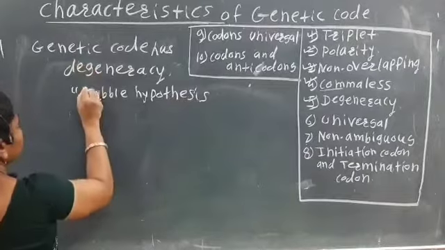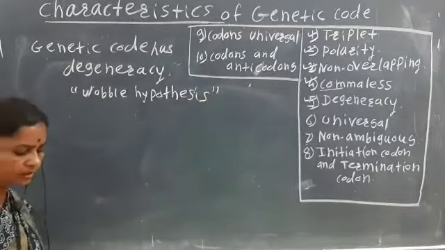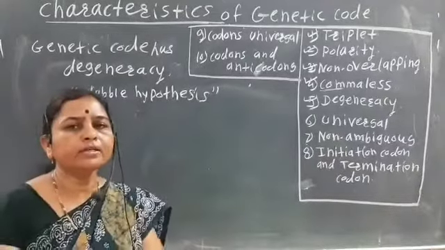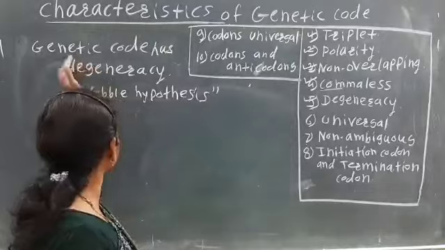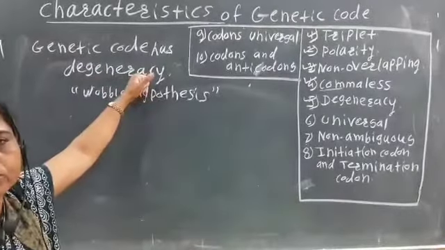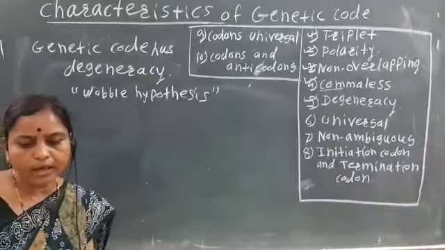So what does the Wobble hypothesis mean? That is, the third pairing of the codon and anticodon is unusual. That is what we call the Wobble pairing. So the genetic code has degeneracy. हा concept जो आहे तो concept कशाशी related आहे? It is related to the Wobble hypothesis.